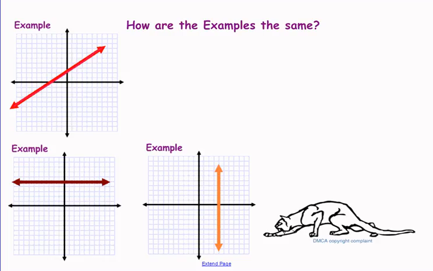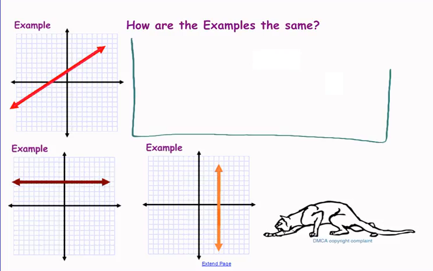They're all examples of linear equations. And what I want you to notice is how are they the same? I want you to write how they are the same in this space right here. Something that they are the same like is they're completely straight.